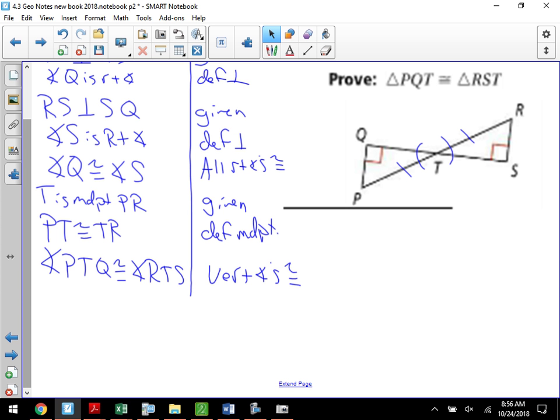Which of the three do we have now? We have two angles and a side. Is it angle, side, angle, or is it angle, angle, side? Very good. Yeah, there's nothing else in there.